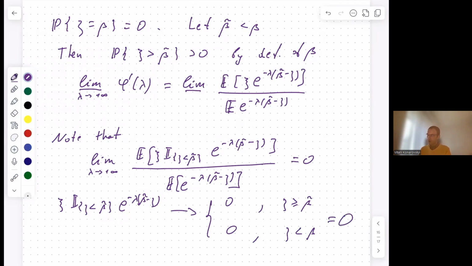Also, I want to note that this expectation is finite. When lambda goes to plus infinity, it decreases to 0 because the exponent is a monotone function. Then the numerator goes to 0. And for the denominator, you can split into two cases.